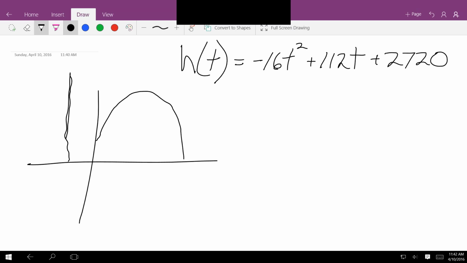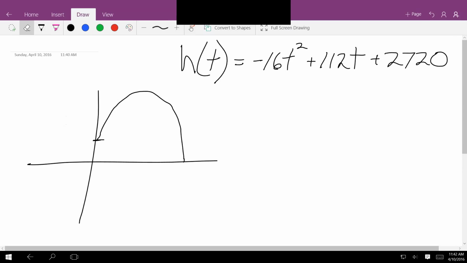It still is a function of this equation. So how can I tell where the rocket's height was to begin with?